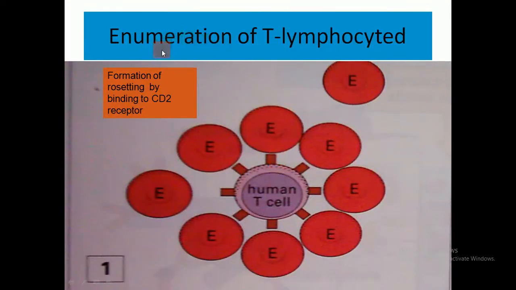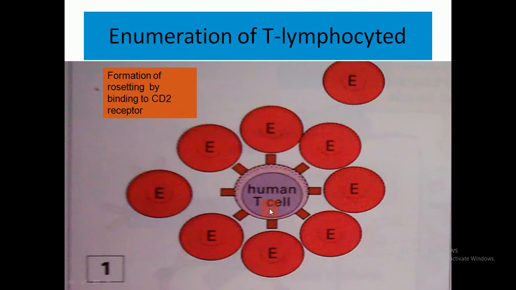The lymphocytes, first enumeration of T-lymphocytes, and this can be achieved using sheep RBCs, because T-lymphocytes have a receptor, CD4 receptor, that binds to the sheep RBC, leading to formation of rosettes.